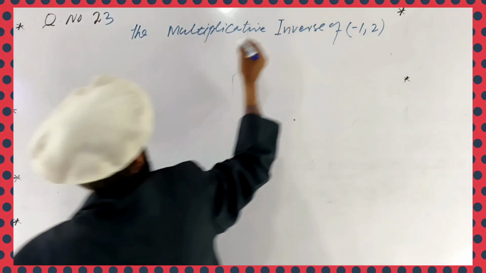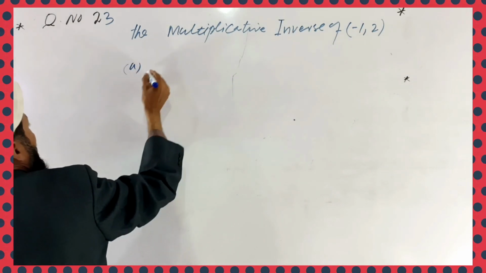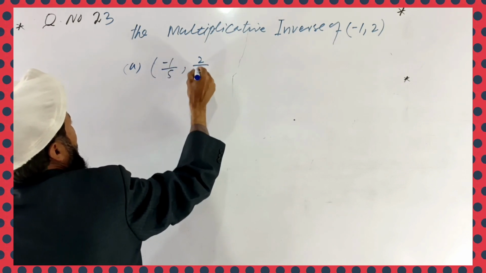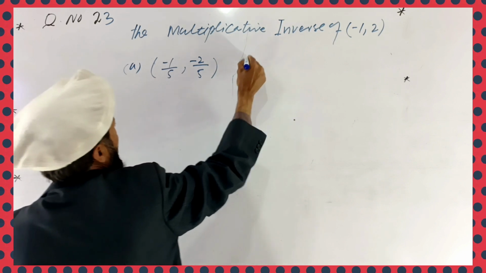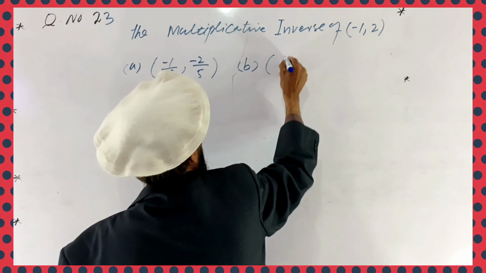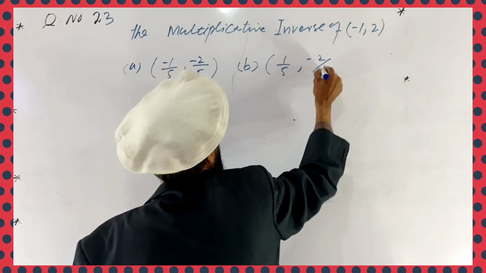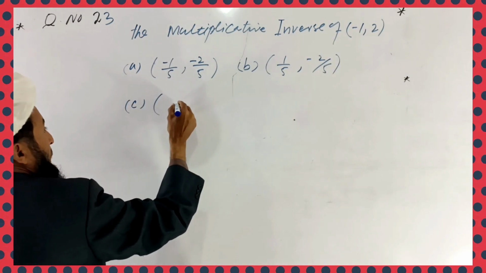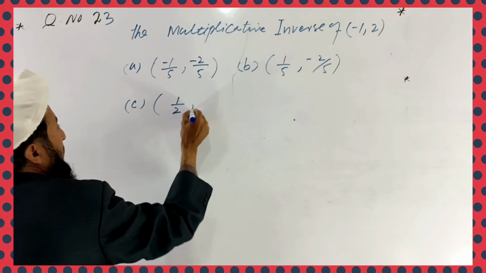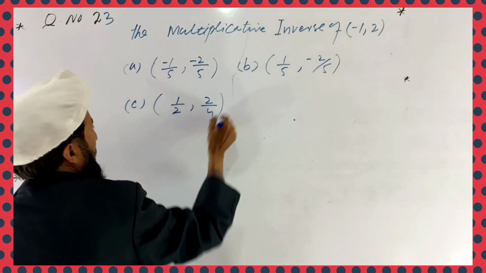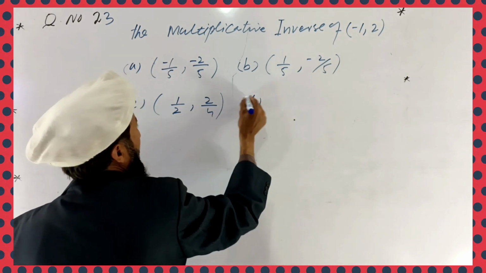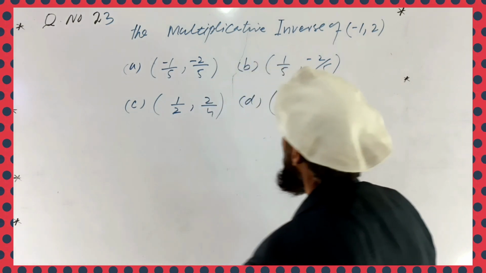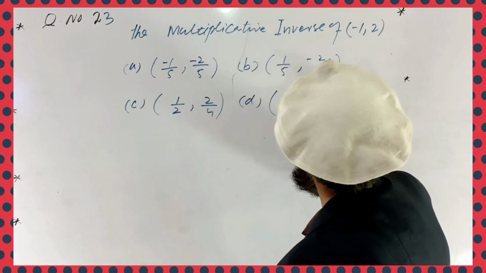What is the result of the multiplicative inverse? The options are given in terms of fractions such as minus 1 over 5 and 2 over 5.